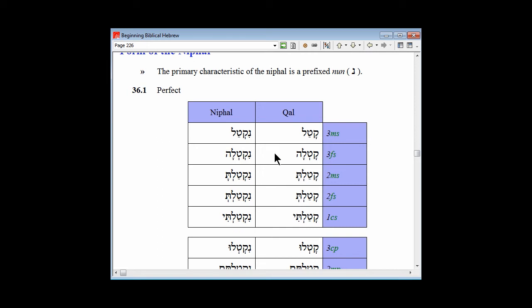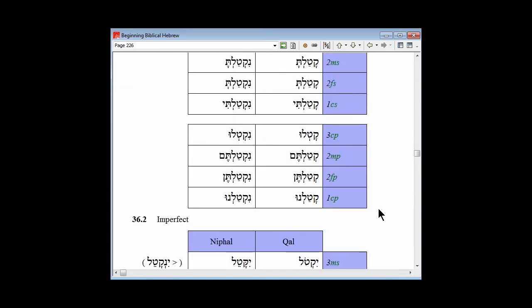The nifal will have the same endings. Look, the endings are the same, but you're going to have a ni prefix. Niktal, there's the A-class vowel. Nifal, niktal. Okay, and niktala, niktalta, niktalt, niktalti. Again, the endings are the same, you just have the ni prefix, and the plurals are consistent.